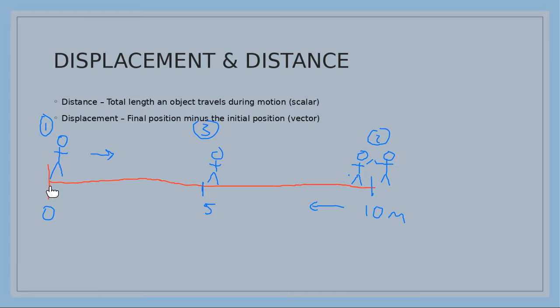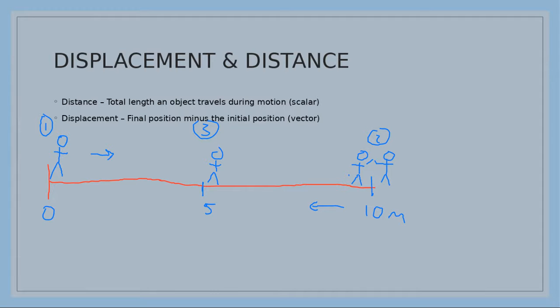Just starts here at 0. He walks all the way over here 10 meters away to give this guy a high five at point 2. And then he walks back 5 meters here at point 3, and he's just standing there looking at a bird or something. So now I can ask you the question, what's the distance this guy traveled and what is his displacement?